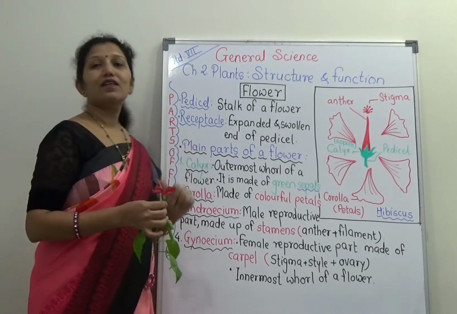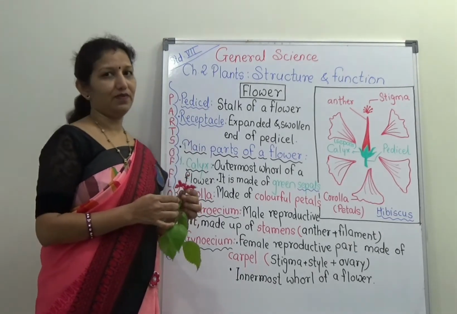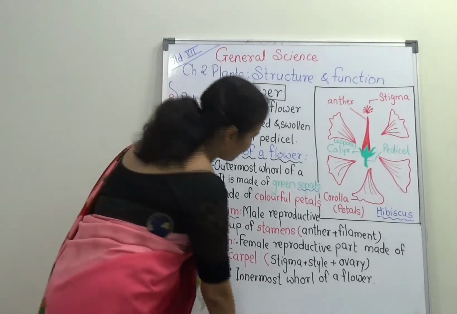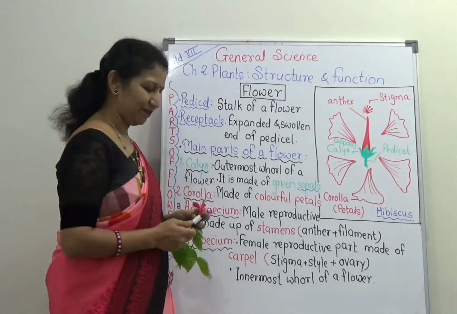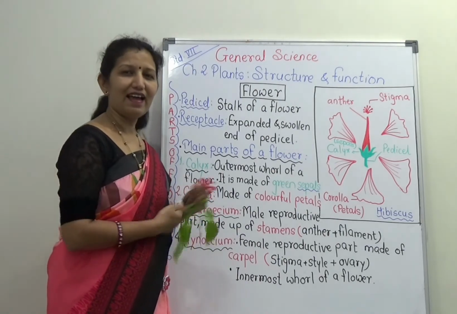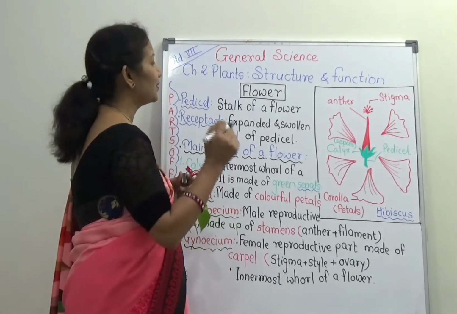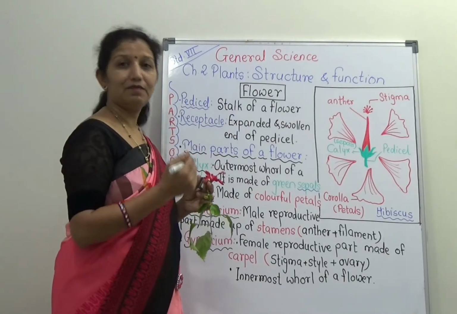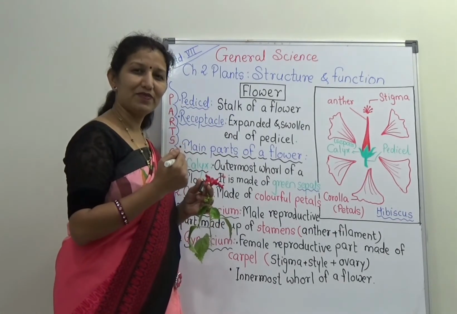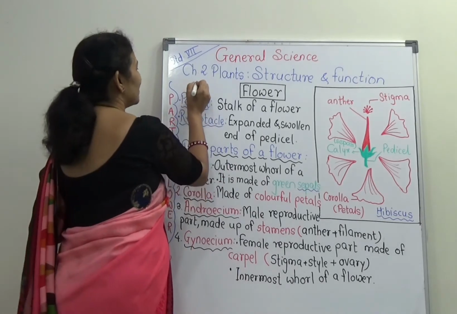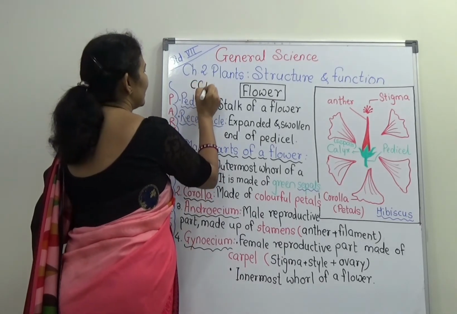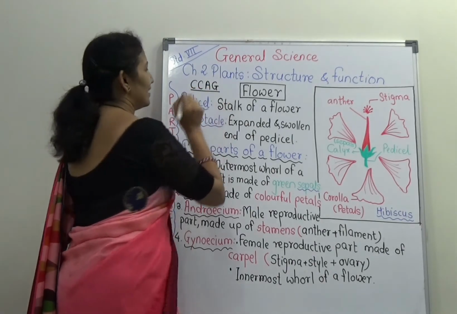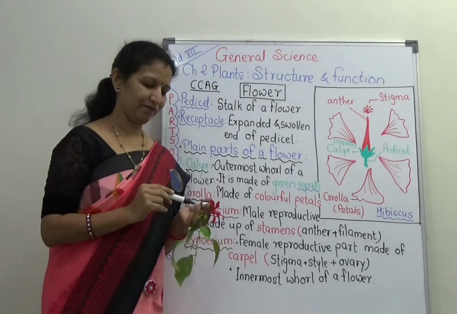Now, we will see the main parts of the flower. In that, we will remember these parts by one clue. You know, I generally give you clues so that you can remember them very easily. The difficult part becomes very easy for you. For that, the main parts of flower, they are CCAG.